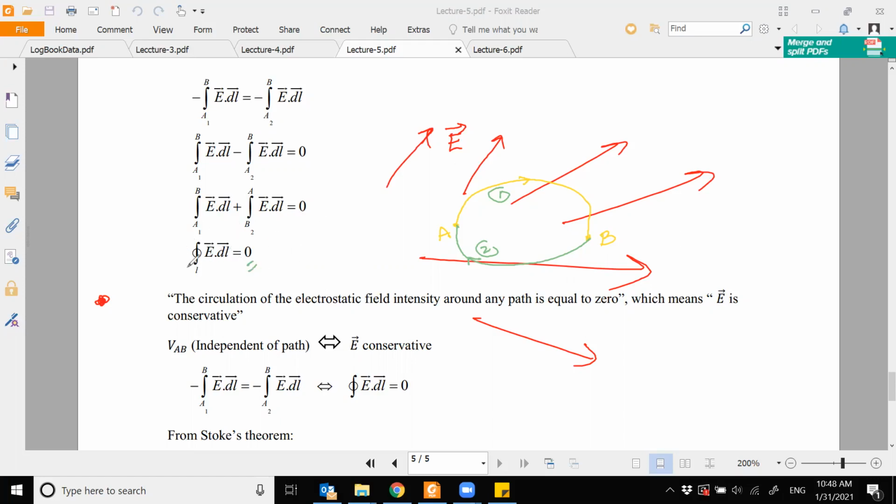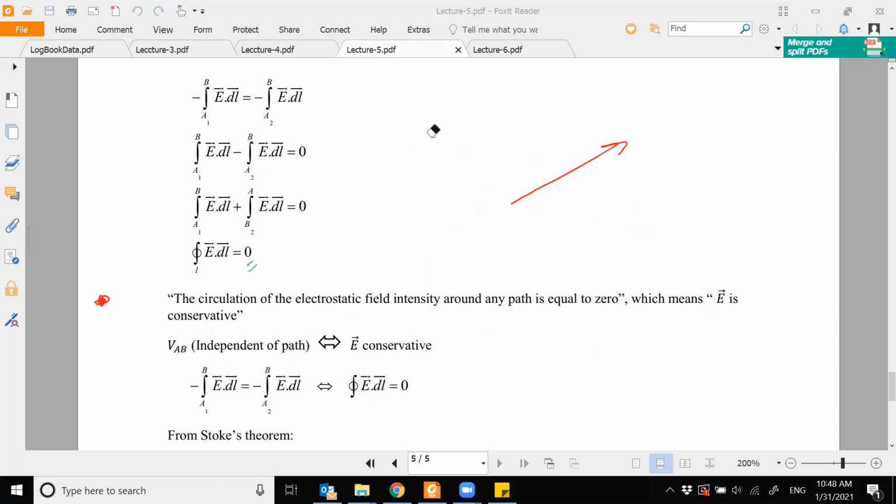And this is what this expression is saying. And those fields which satisfy this condition, that a closed line integral in the presence of that vector field is equal to 0, are called conservative. That means your VAB is independent of the path.